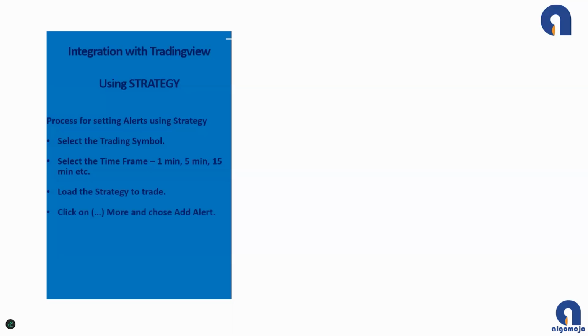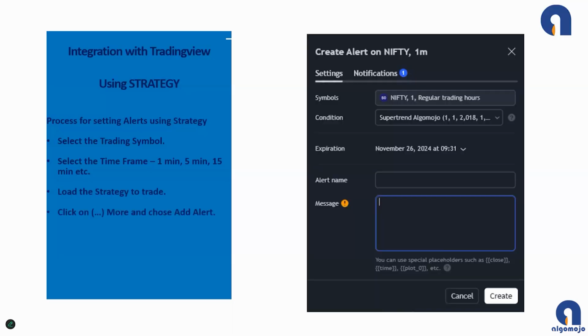Then click on that more button and say add an alert, which will give you a pop-up box. In the message, copy paste the code from Algomojo for the strategy that you had created, and then update the webhook URL. That's it. The alert will be created, and whenever the criteria get met, the orders will be triggered.